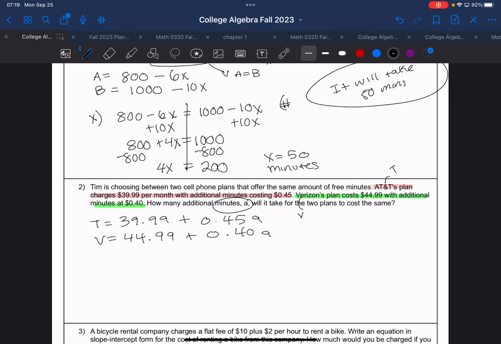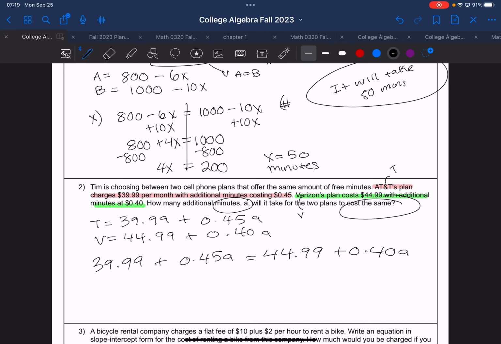This one is saying how many additional minutes A will it take for the two plans to cost the same? The same is the key word here. So what do you think we're doing to these two equations? Setting them equal to each other. So $39.99 plus 0.45A is equal to $44.99 plus 0.40A.